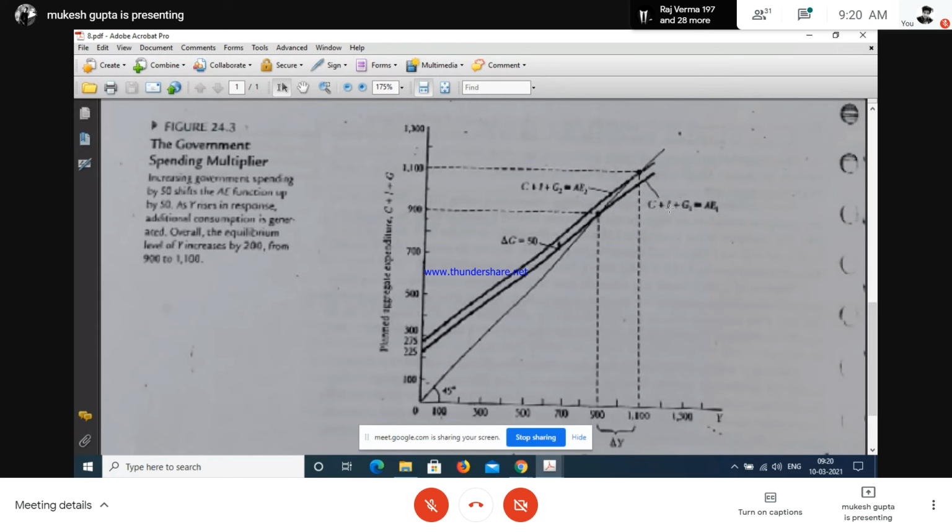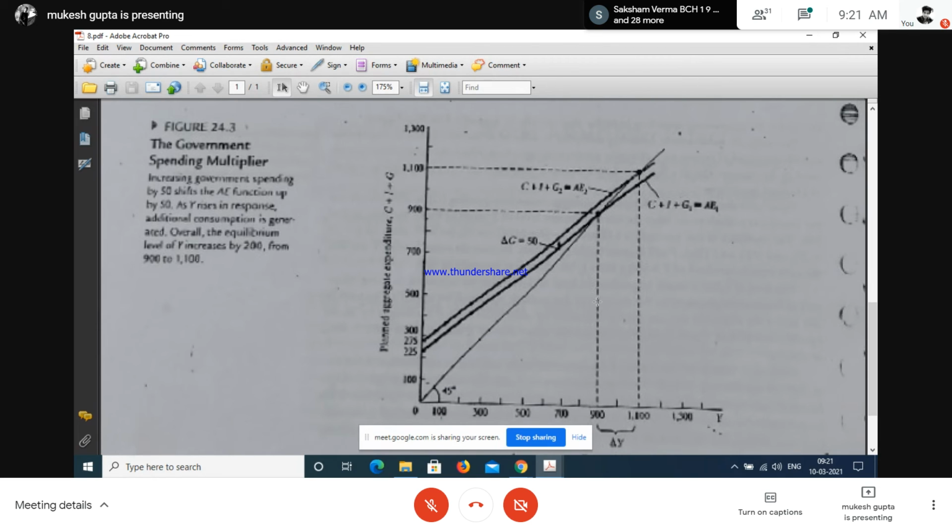So C plus I plus G1 was the initial aggregate expenditure when government expenditure was 100. Now government expenditure increased by 50, so the gap is 50 and it will shift parallelly. Now the aggregate expenditure increased, and the new equilibrium point is where it intersects the 45-degree line. At this point, the new equilibrium level of income is 1100.